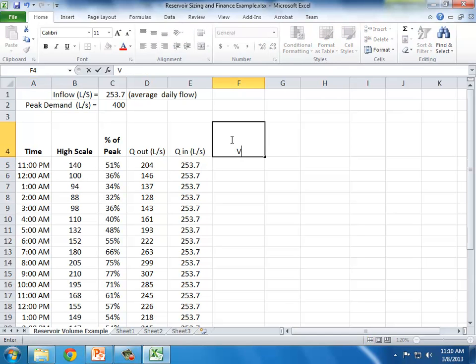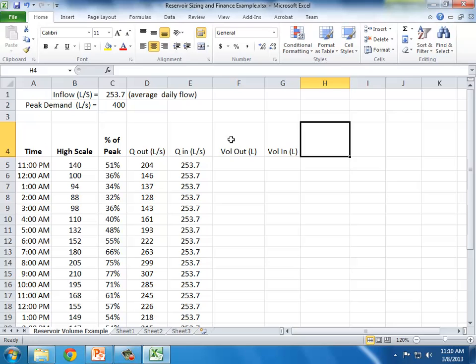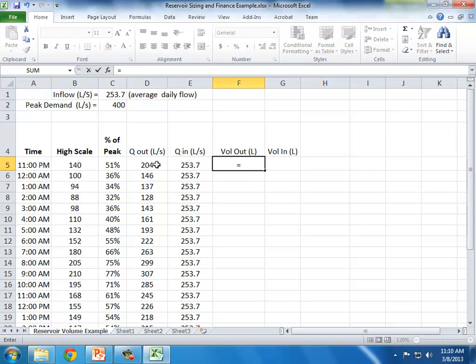Now I'm going to find the volume out in terms of liters for each hour, and the volume in, how many liters went into the tank during the hour. So it's just going to be the flow rate out times however many seconds are in an hour: 60 seconds per minute times 60 minutes per hour. So that tells me how many liters.